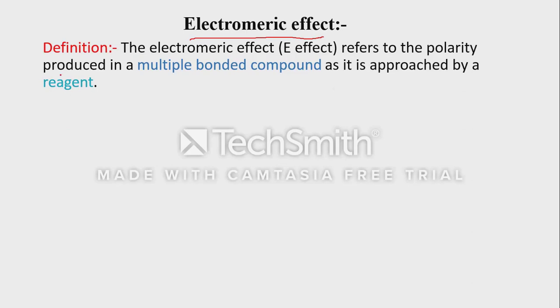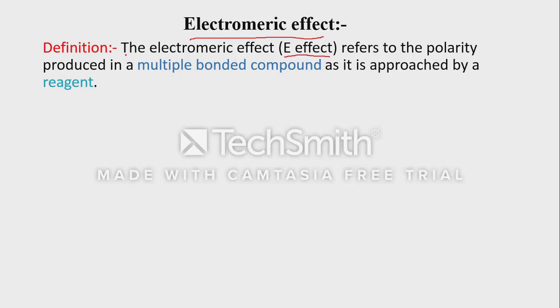Definition of the electromeric effect: the electromeric effect, written as the capital E effect, refers to the polarity produced in a multiple bonded compound as it is approached by a reagent.